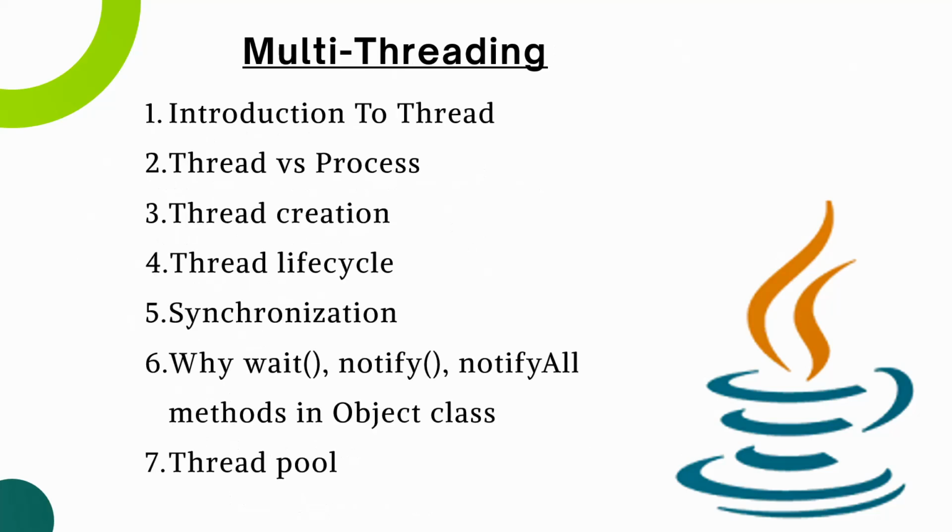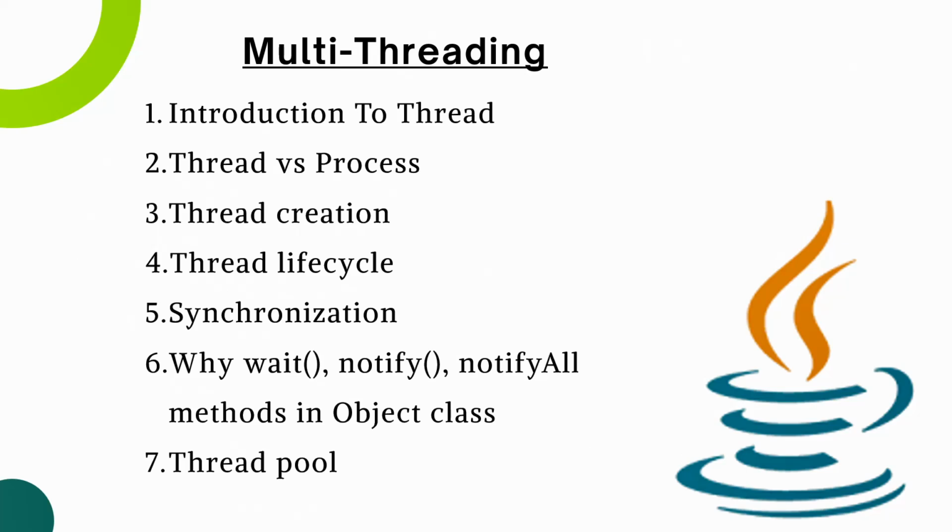Next topic, multi-threading. As we discussed in the Java features, Java is a multi-threaded environment. Here you will learn introduction to thread, what is a thread, what is a process, and how many ways we can create a thread. We can create a thread in three ways: by extending the Thread class, by implementing the Runnable interface, by implementing the Callable interface.